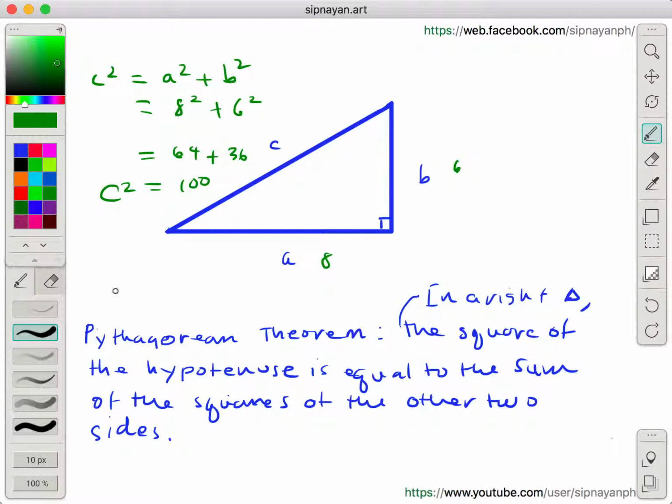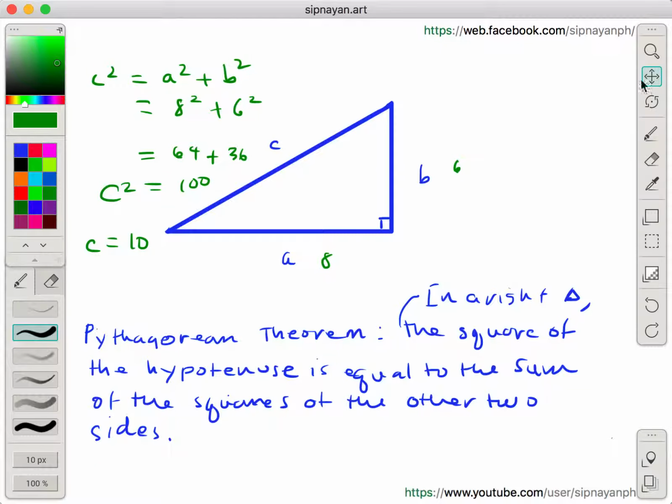So C squared is equal to 100, which means that to get the value of C, we have to take the square root of both sides. So C becomes 10. May negative tsaka positive yan, but syempre, we're talking about the sides of the triangle, so we'll take the positive value. Okay, so ganun lang naman siya.